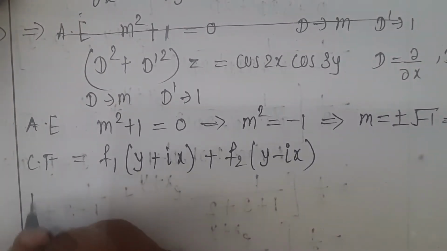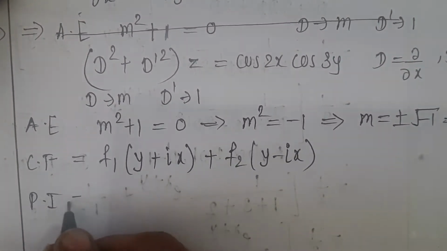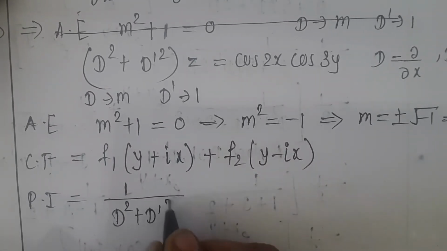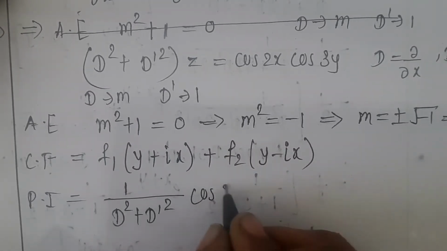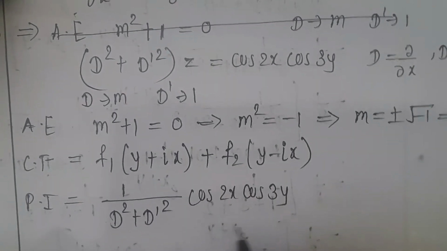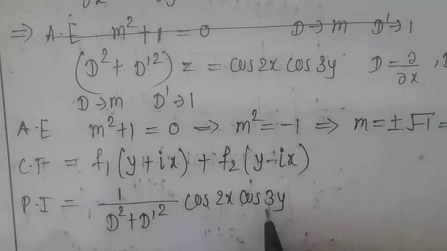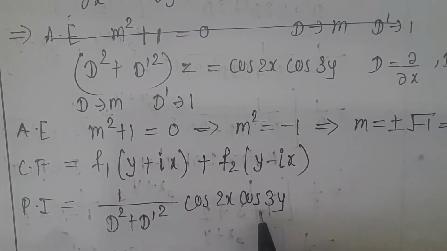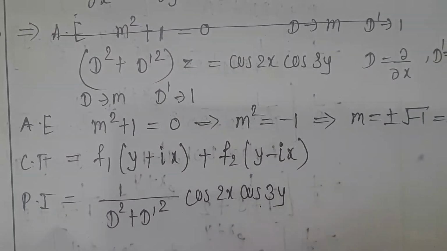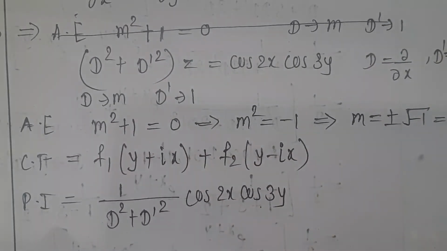Next PI. PI is equal to 1 upon d square plus d dash square multiplied by cos 2x into cos of 3y. Now see here we have again a trigonometric term, but it is a multiplication of two functions, cos 2x into cos 3y. So first we have to convert it into standard form, and after that we can evaluate it further.